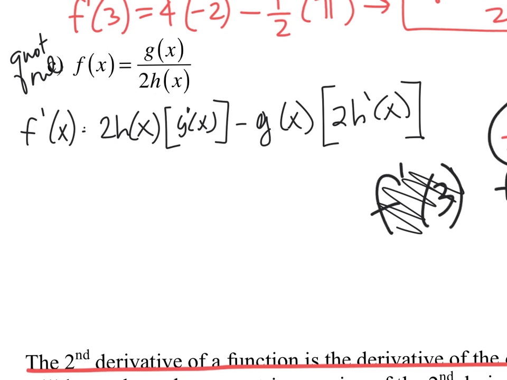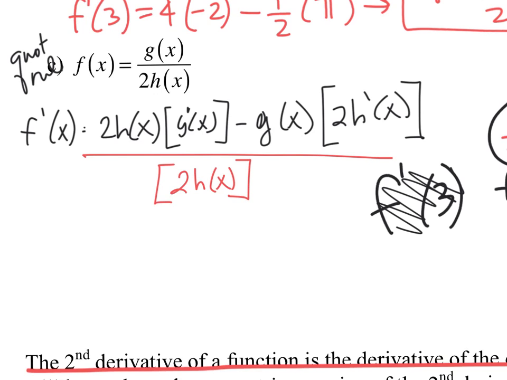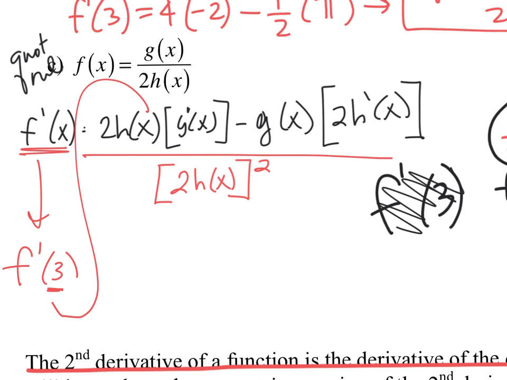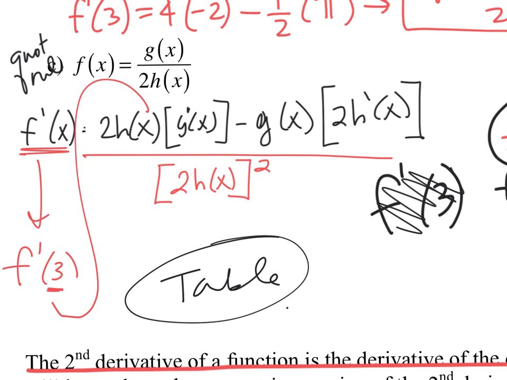So low d high minus high d low all over low squared. I'm just being very careful, putting a lot of grouping symbols to make sure I keep everybody nicely grouped together. There is f prime of x. They wanted us to evaluate f prime of 3. So we take that x is 3 and plug it into f prime of x and use the table to find those values and then do the order of operations.